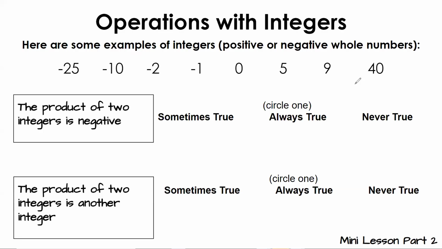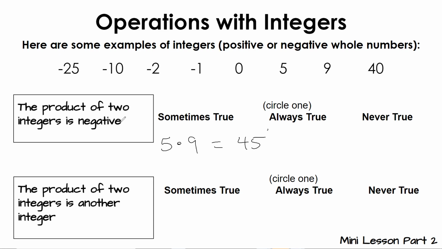So on this next one, the product of two integers is negative. So give me two integers from here. 5 and 9. Okay, so 5 times 9 gives me what? 45. Is it negative? No. Okay, let's see if we can make it possibly true.